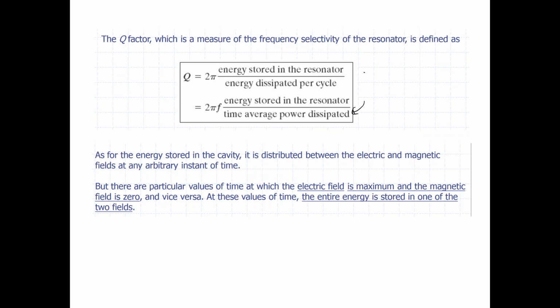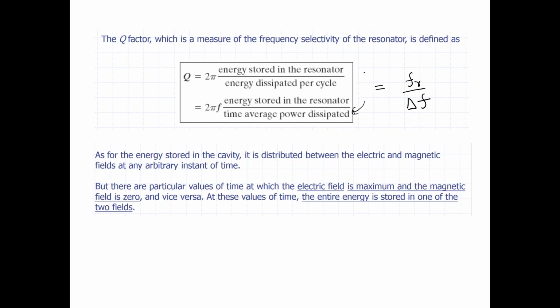That's the number of cycles we have within a second. And we basically have the Q of a cavity given by the equation here. This is going to be related to the resonance frequency and the bandwidth of the cavity.